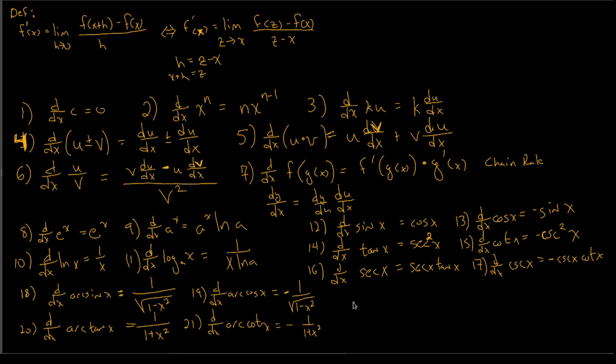And then in our last two, the arcsecant, which can only be greater than 1 or less than negative 1, we get 1 over the absolute value of x times the square root of x squared minus 1. And its cofunction will get the negative sign of this.